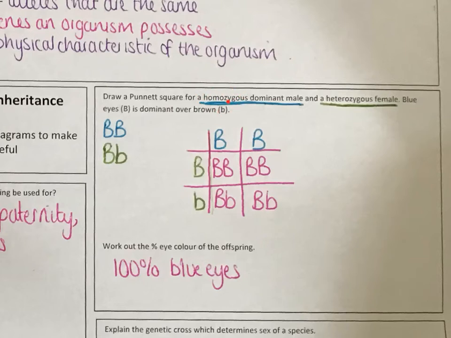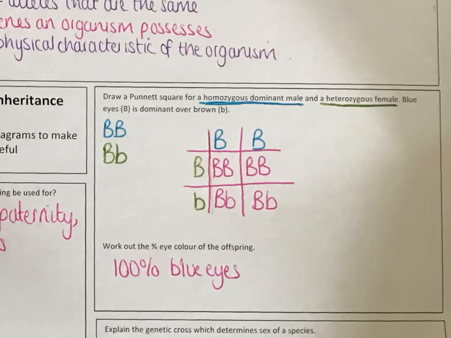Because it's dominant, it makes our male big B, big B, as we need a capital letter, and we're homozygous so they must be the same. Then our female is heterozygous.